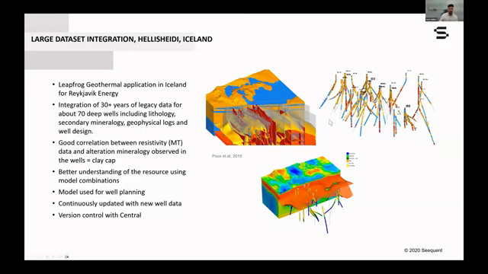So they used this 3D model for well planning, and as they drilled new information, they continuously updated their conceptual model, which then allowed them to better predict the potential properties of the subsurface.